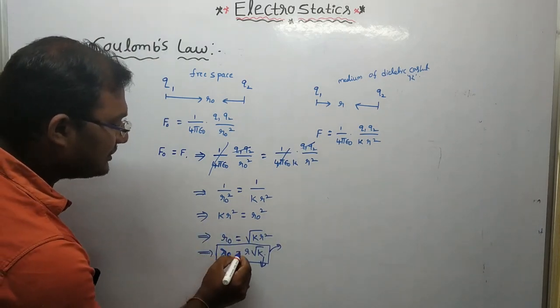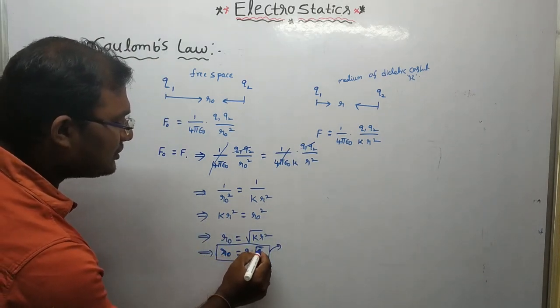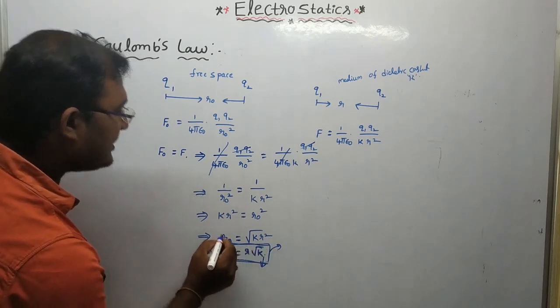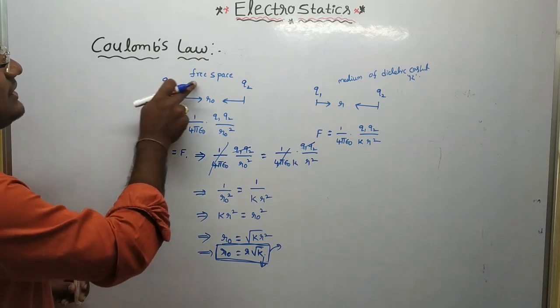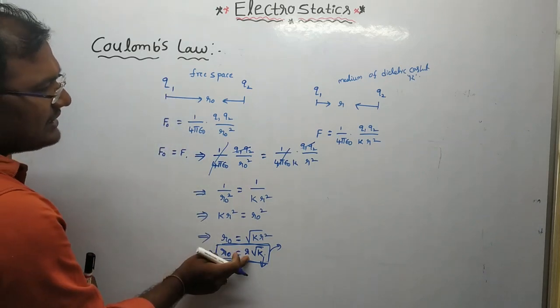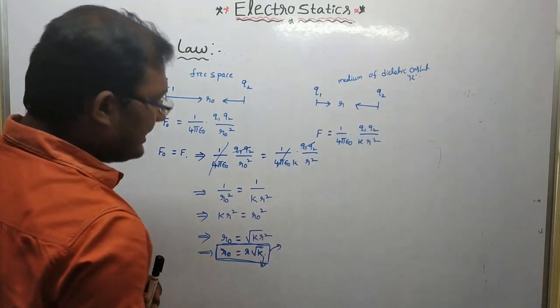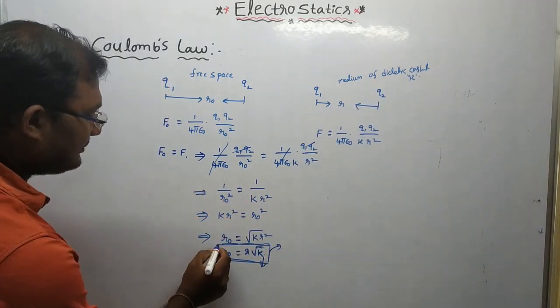R0 equal to R into root of K, where R0 is the distance between the two charges in free space and R is the distance between the two charges in the medium of dielectric constant K.